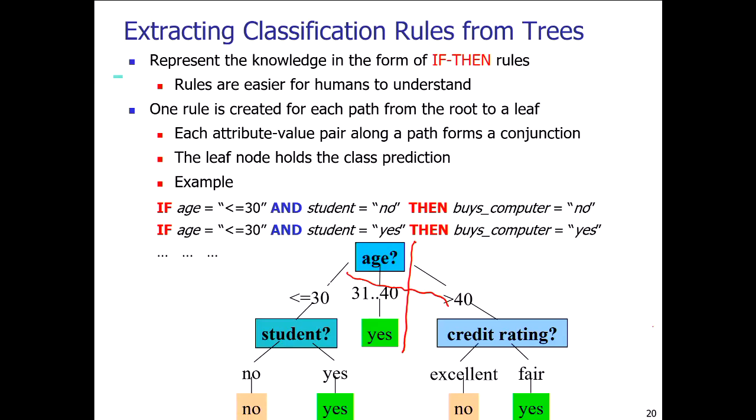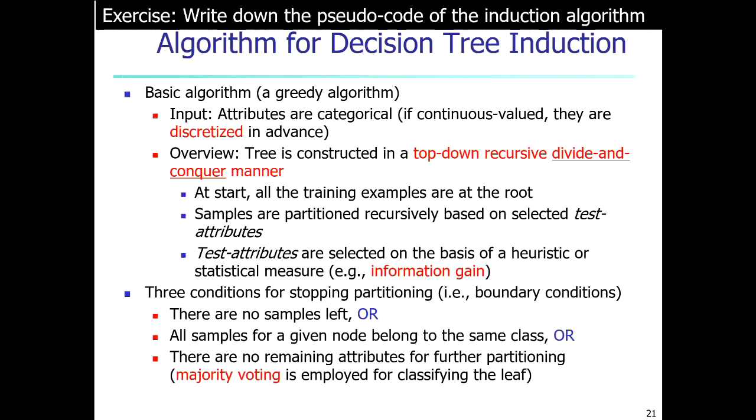And this path means if the age is larger than 40, and notice that you use 'and' to connect different clauses, and credit rating is excellent, then buys computer equals no.